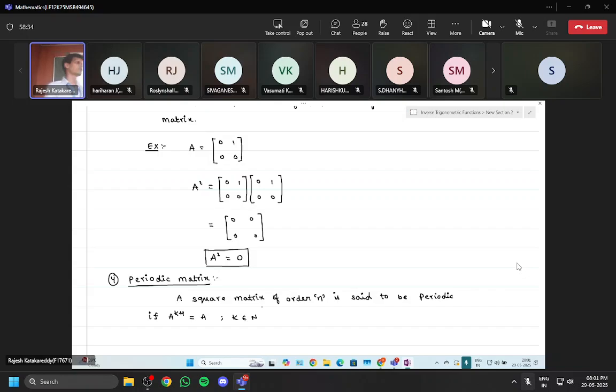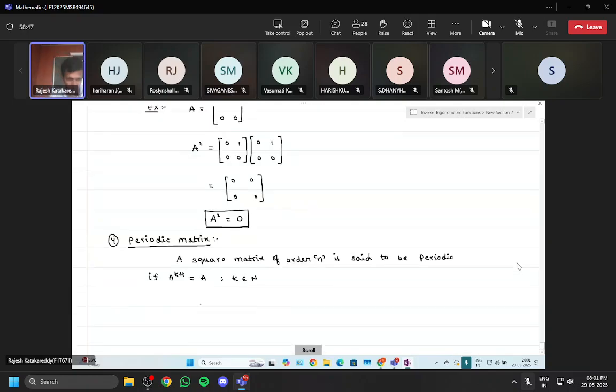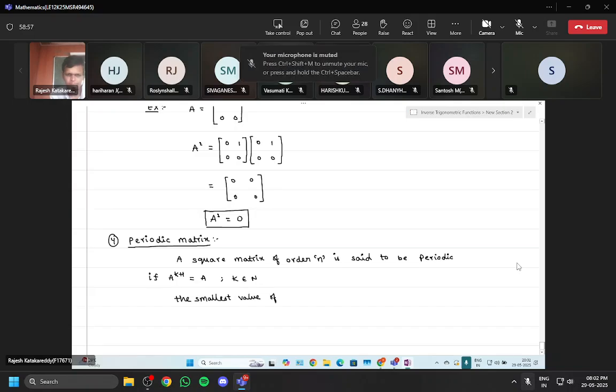That's why A power K plus 1, where K is some natural number. K can be 1. Right? You take idempotent matrix, A square is equal to A. Idempotent matrix is periodic. And then again, as we have seen in functions, the smallest value of K is the period of the matrix.